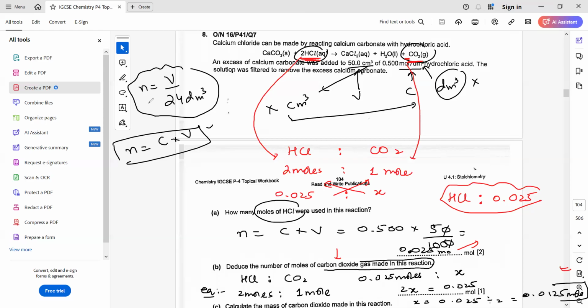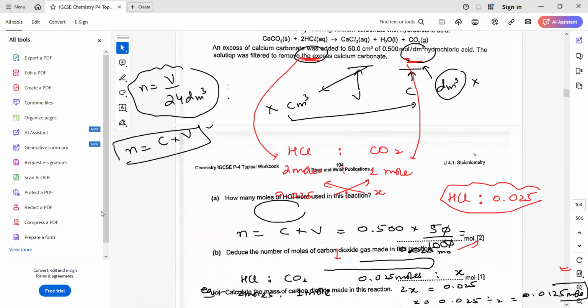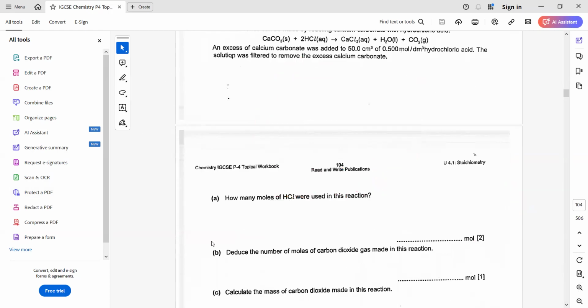Yes, sir. That's nice. Now, in the next part, it says to find the mass of carbon dioxide, part C. The moles we just calculated was 0.0125. Is there any formula which I can use to find mass if I have moles?